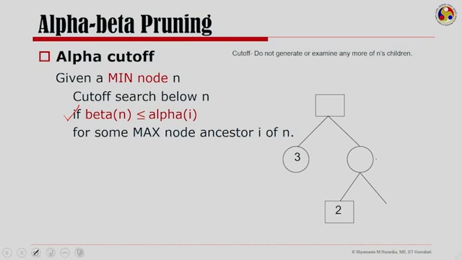Now, this is a min node, so it is guaranteed that it will have something which is less than or equal to 2. This is a max node, it will have something which is guaranteed to be more than or equal to 3. So, that is greater than or equal to 3, that is less than or equal to 2.